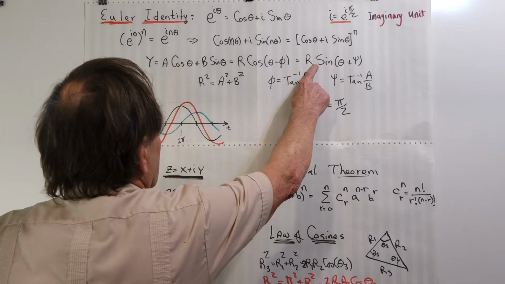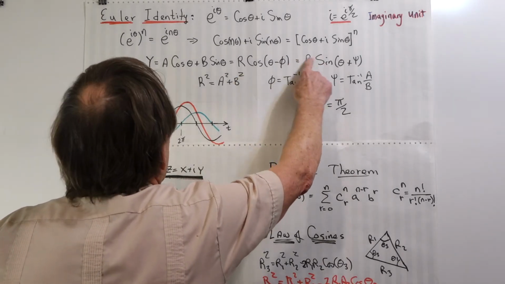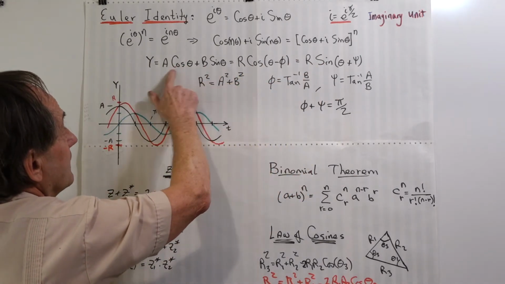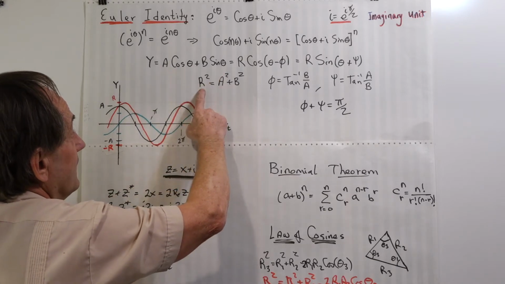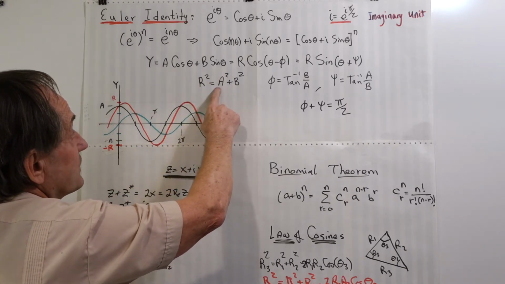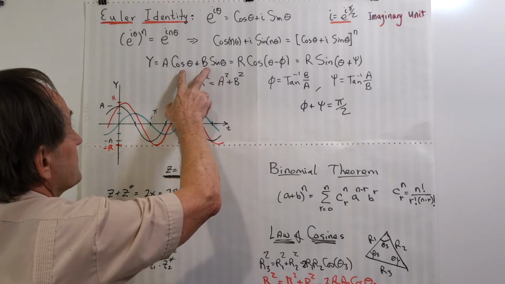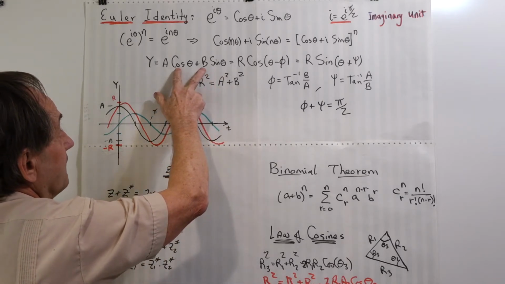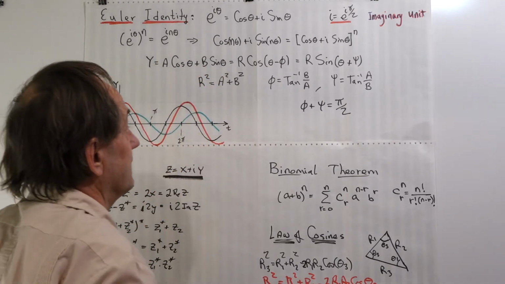And the magnitude squared of this combined sinusoid is the sum of the squares of the amplitudes of the sine and the cosine.